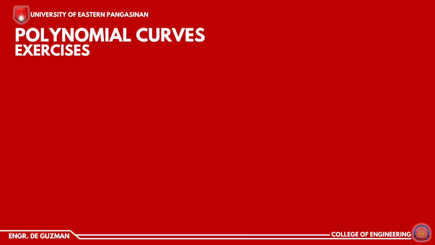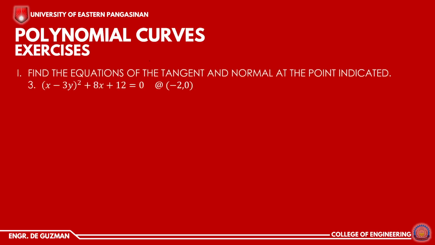So, next, number 3, x minus 3y squared plus 8x plus 12 equals 0 at negative 2, 0. So, dito, since may point na binigay, mag-proceed tayo agad sa pag-derive.